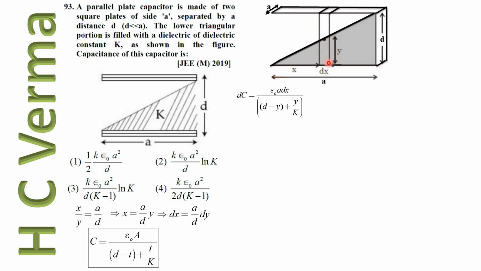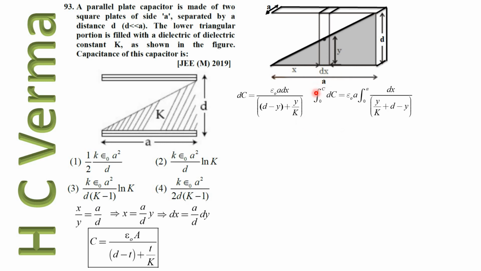The height of the dielectric, that is t, is to be replaced with y by k. To find the capacitance of this whole capacitor, we need to add all these capacitors, which we know are in parallel. Parallel means all the capacitors are to be added.